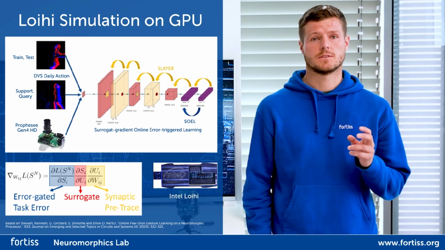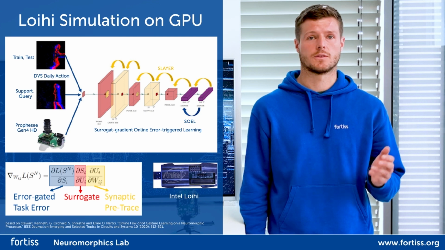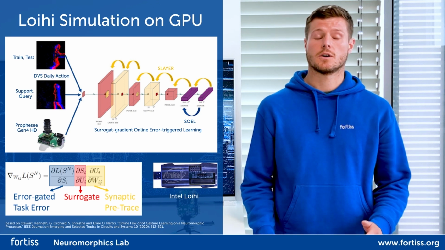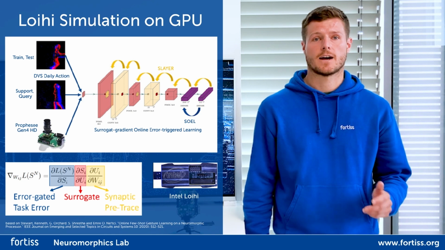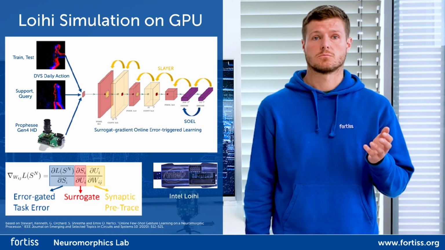Here we can also see similarities to transfer learning, which is well known from deep learning. We pre-train a network on a large data set and then fine-tune it on few examples of our task data set.